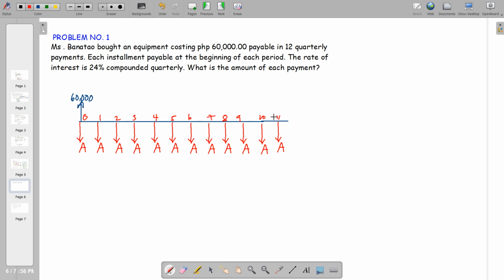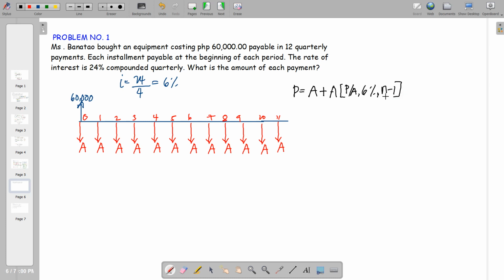That is why, in your formula, we can get P is equal to A, this initial A here, plus A times P given A. Then we divide our nominal interest rate by 4 because it occurs 4 times in a year. So we got that to be 6%. We can place it here.